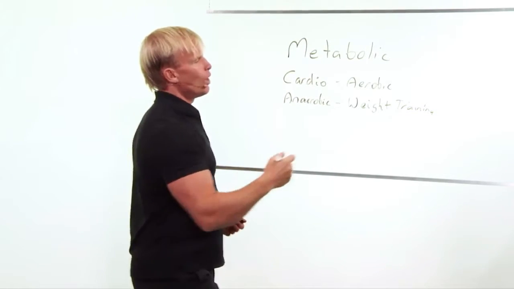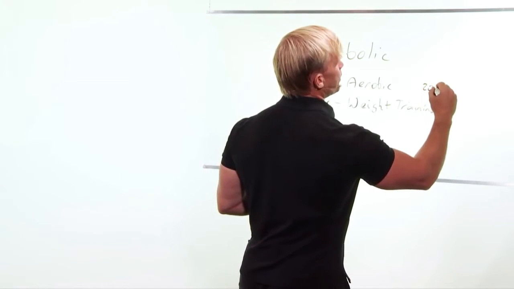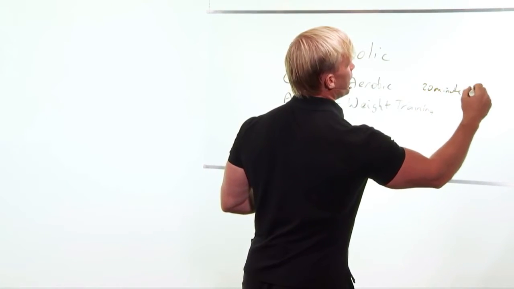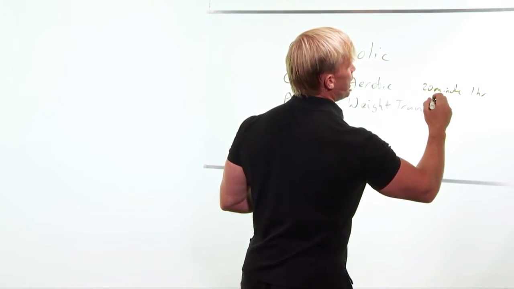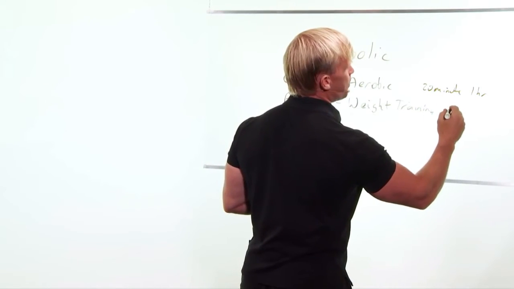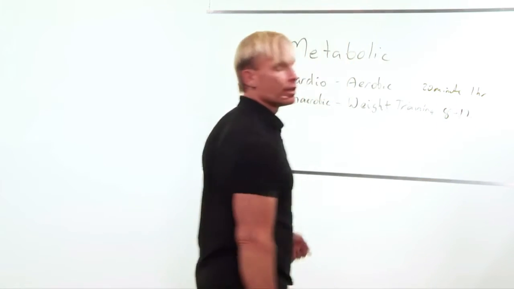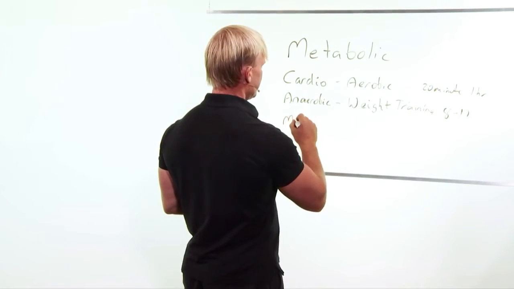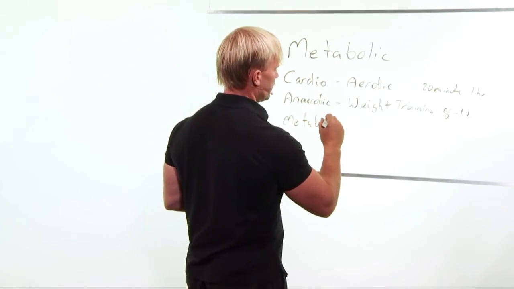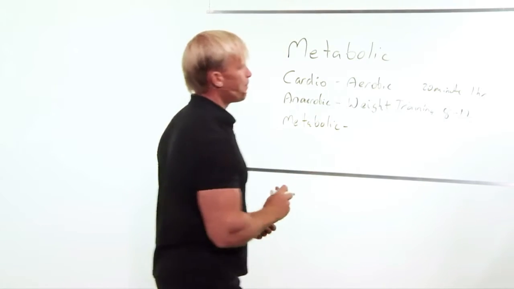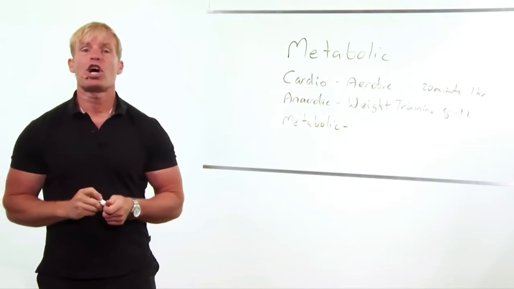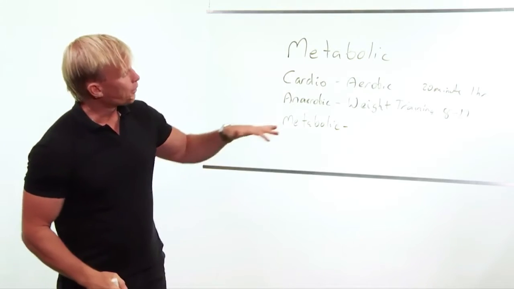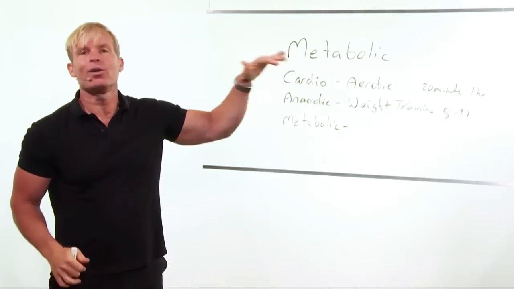So, you got maybe 20 minutes to an hour that you stay in the fat burning zone. This, you could stay up to maybe 8 to 12 hours in the fat burning zone. Metabolic training, this type of training is oftentimes a combination of both cardio and anaerobic.